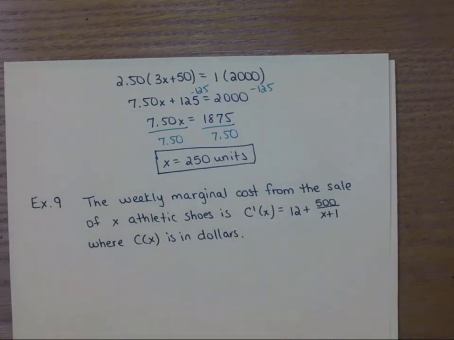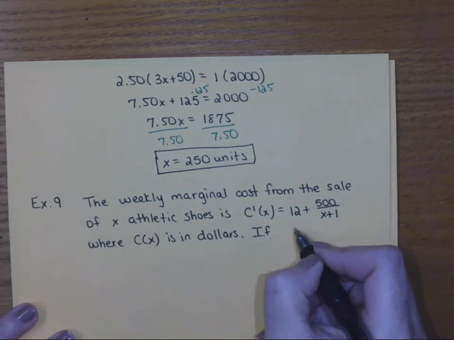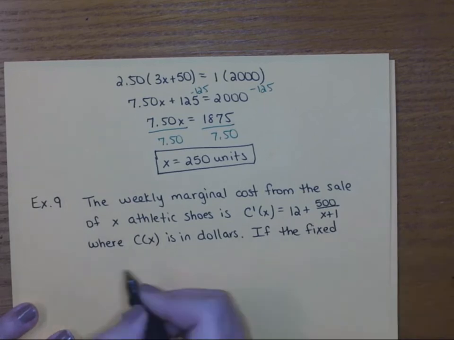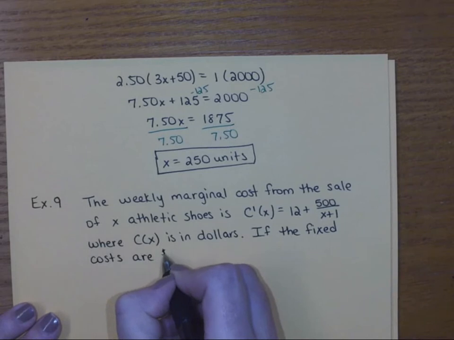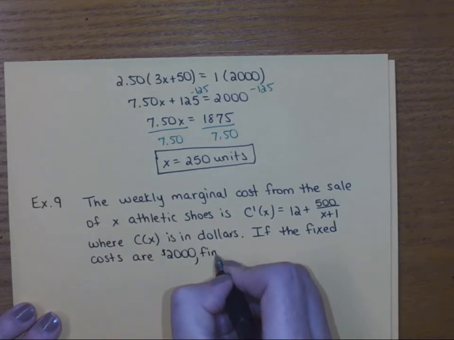So in other words, I'm telling you what the marginal cost is. I'm asking you to go back and tell me what the original cost function, just plain old C of x, was. So if the fixed costs are $2,000, then I want you to find C of x.